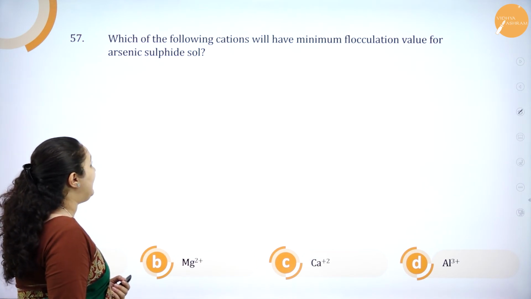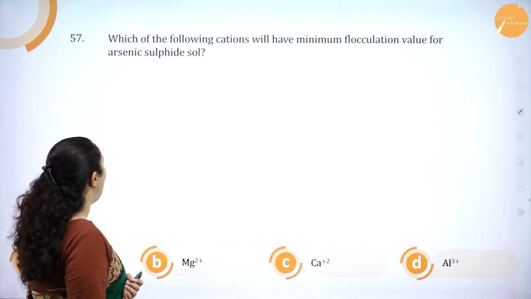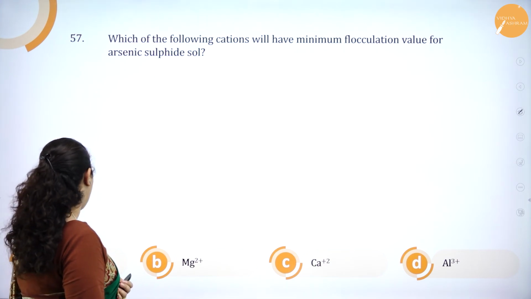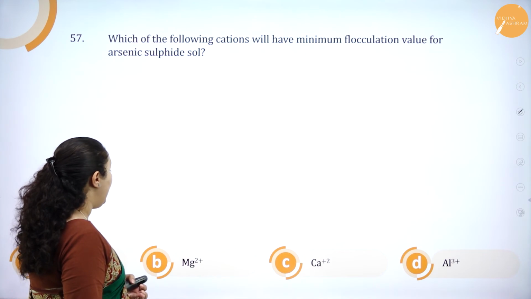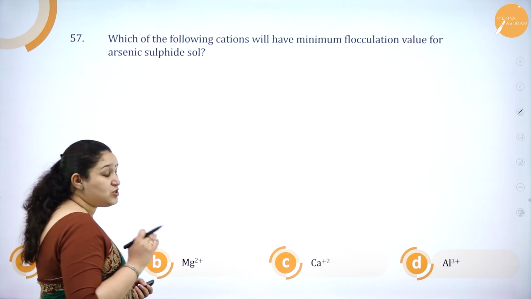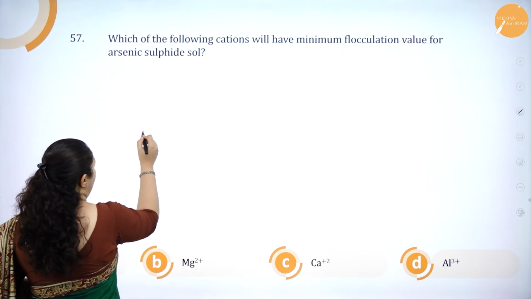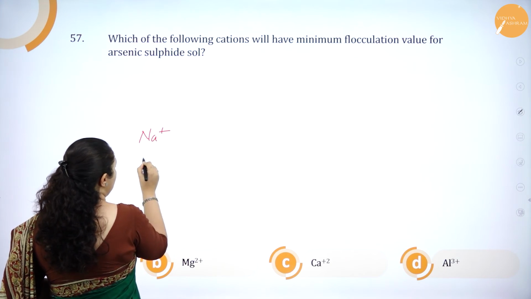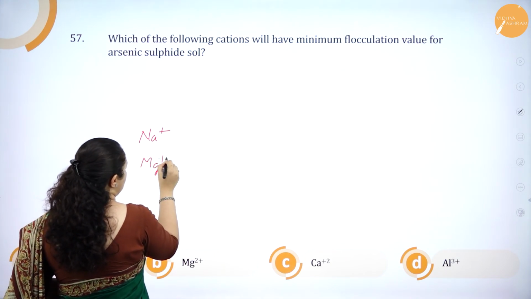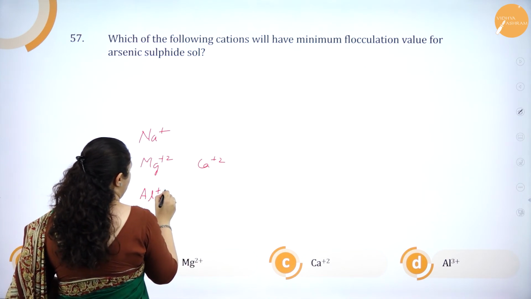Which of the following cations will have minimum flocculation value for arsenic sulfide sol? Na plus, Mg plus 2, Ca plus 2, Al plus 3. Here, we have Na plus 1 charge, then Mg plus 2, Ca plus 2 and Al plus 3.